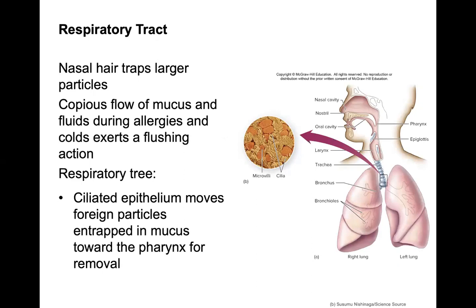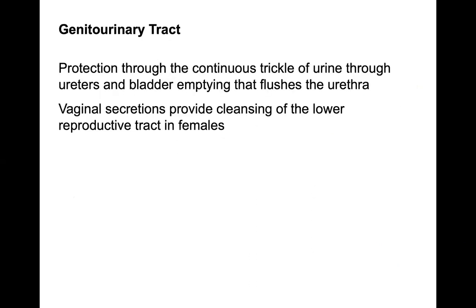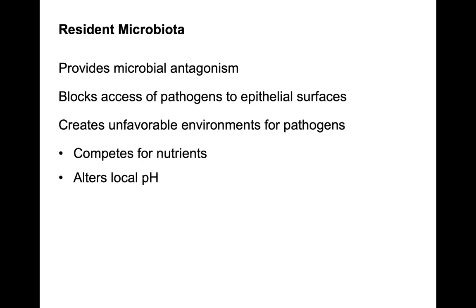The respiratory tree, this is ciliated epithelium, will move foreign particles entrapped in mucus towards the pharynx for removal. The genitourinary tract protection is through the continuous trickle of urine through the ureters and bladder, which creates a flushing action. Vaginal secretions also provide cleansing of the lower reproductive tract in females.